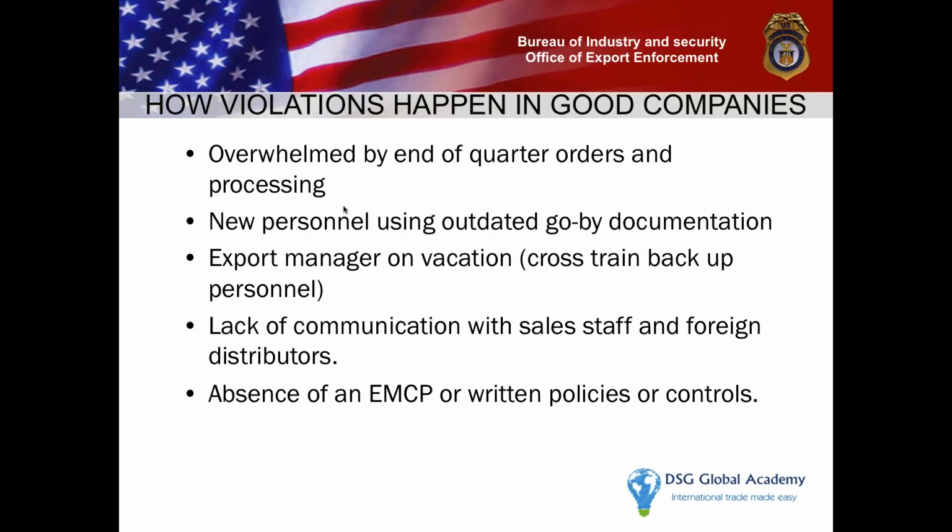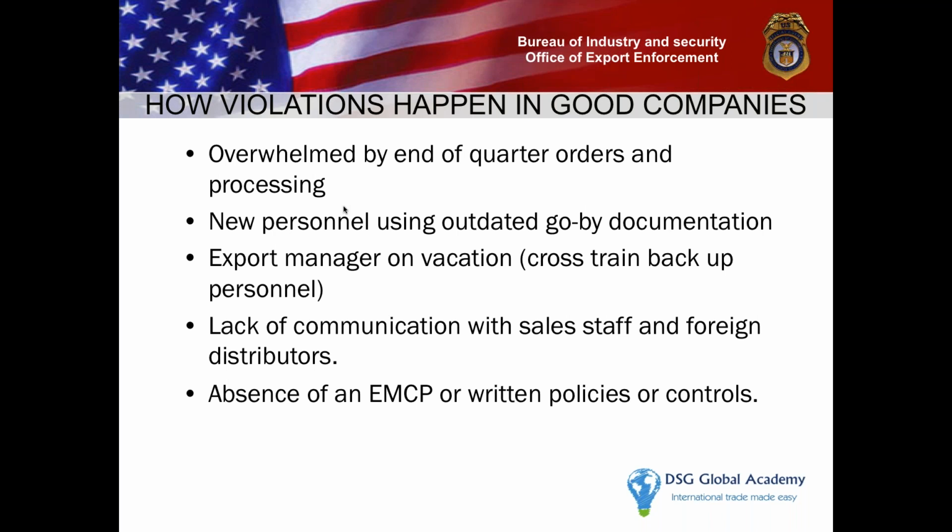Friends, I just want to go over some common violations that happen even in the best of companies, and we'll try to analyze why it happens. A violation obviously is defined as not getting the correct export licenses when needed, either for yourself or your export or your re-export or your deemed export, right?